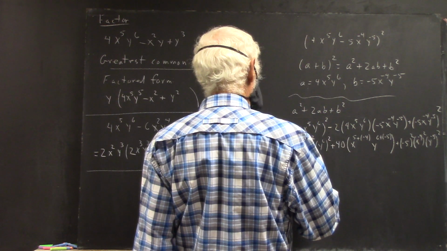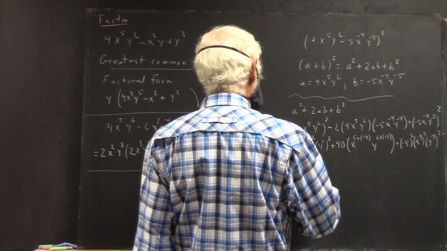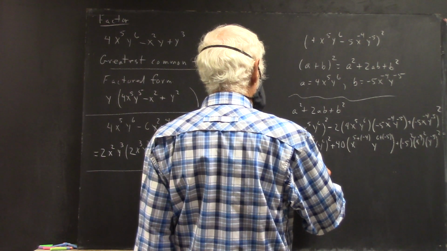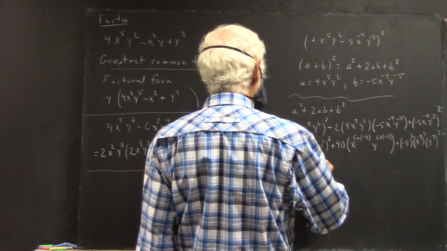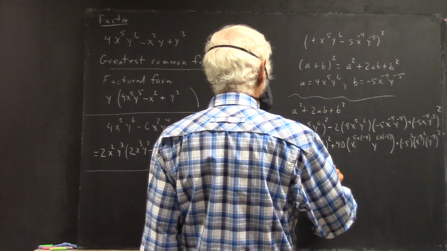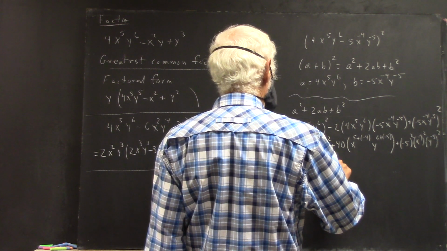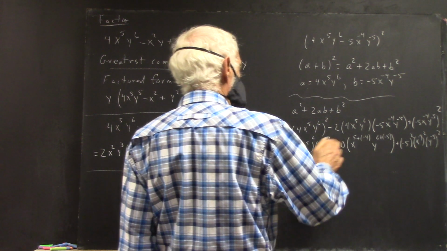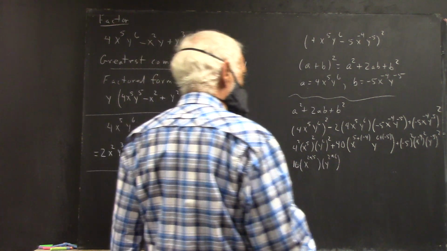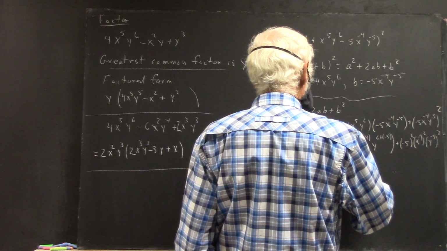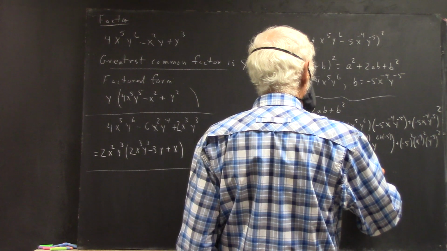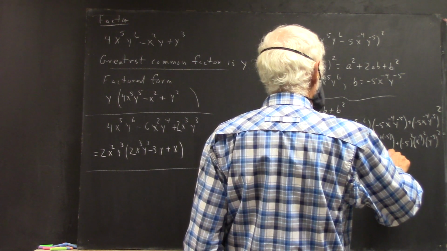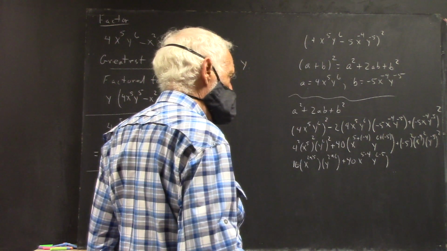Then 4 squared is, I'm going to write according to the rules, 16 times x to the 2 times 5 times y to the 2 times 6, because when you take a power of a power, you multiply powers, plus 40 x, well, now it's 5 minus 4, and it's y to the 6 minus 5.